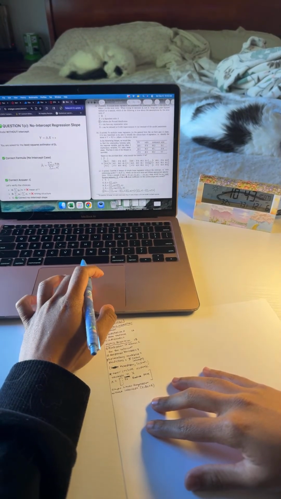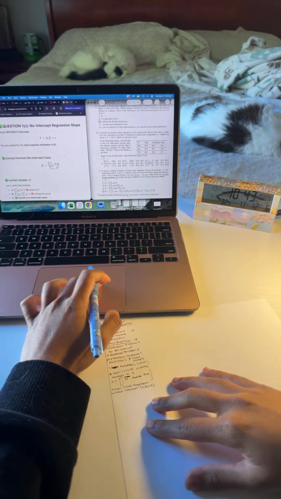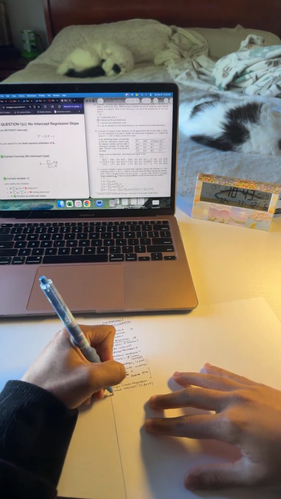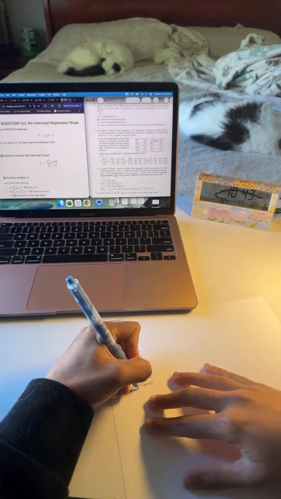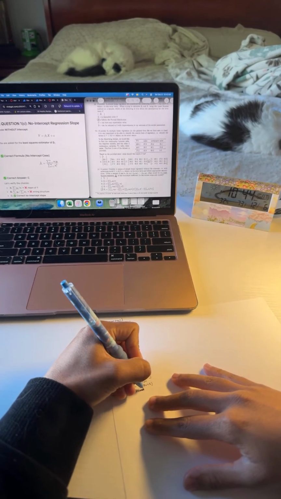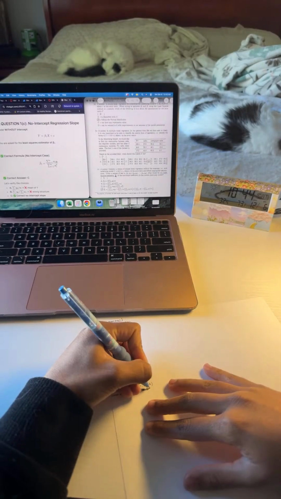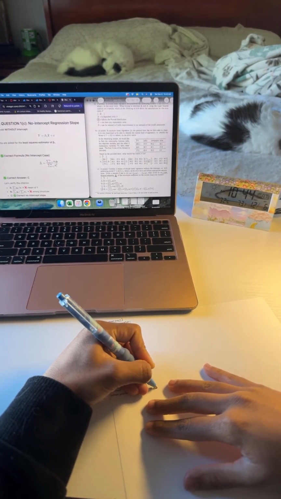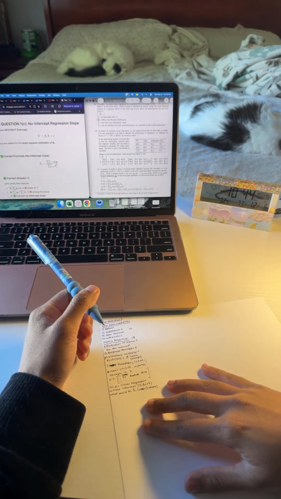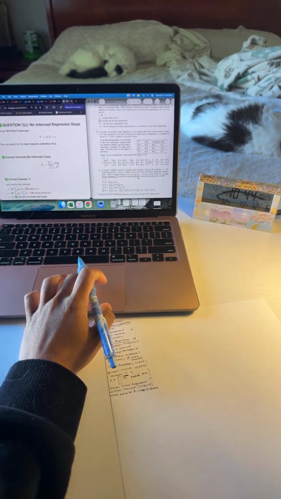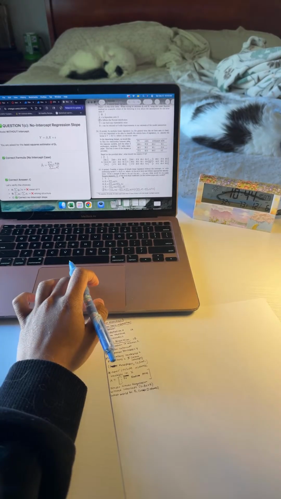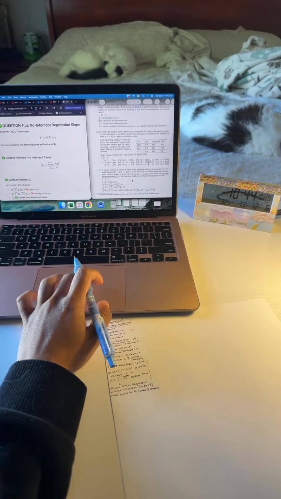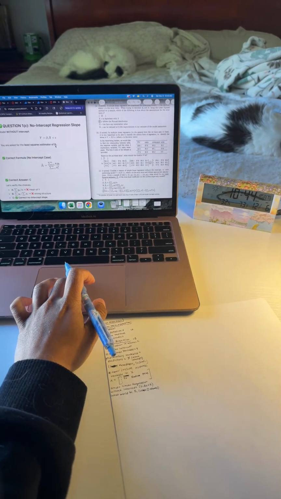Given a sample size n, what would be our least squares estimator of the true slope coefficient in the slope only model? Least squares estimator of beta 1.